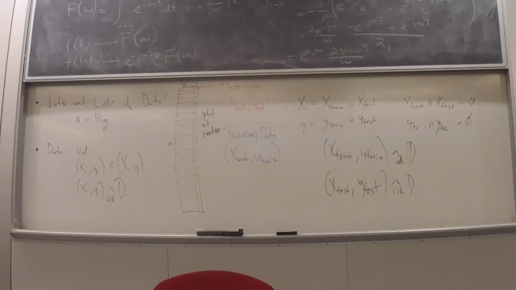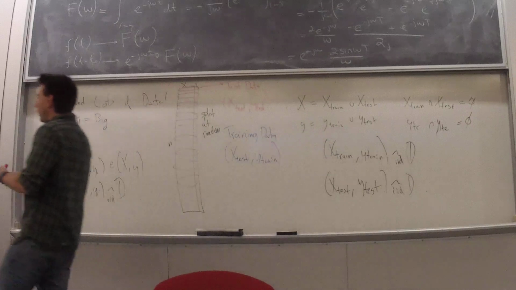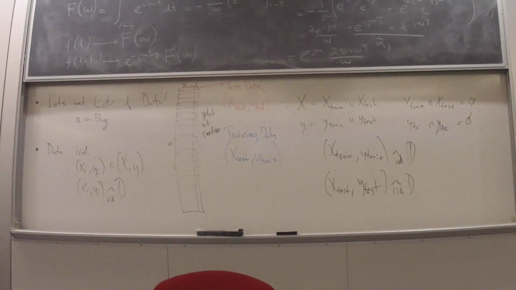The key thing to take away, going back over here, is that instead of looking at how small the SSE is, or looking at the residuals and trying to analyze them, the thing is how well the model works on new data.